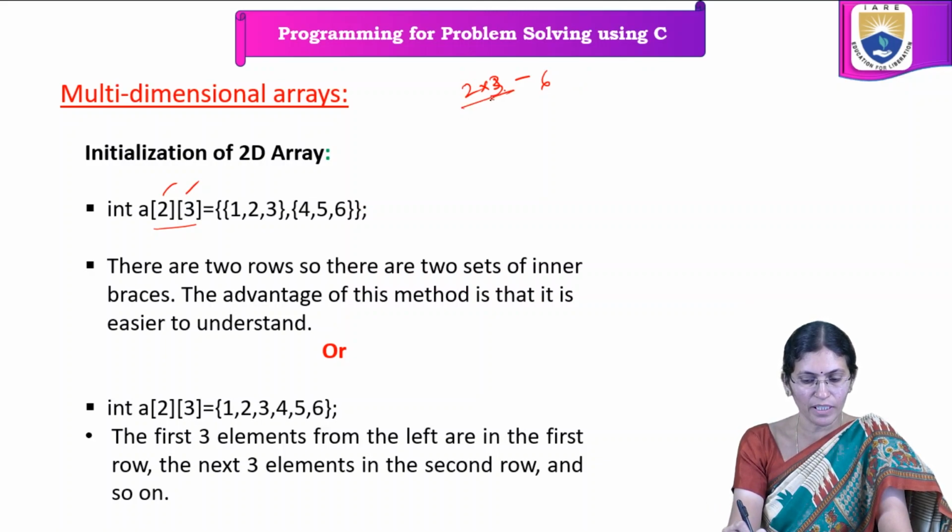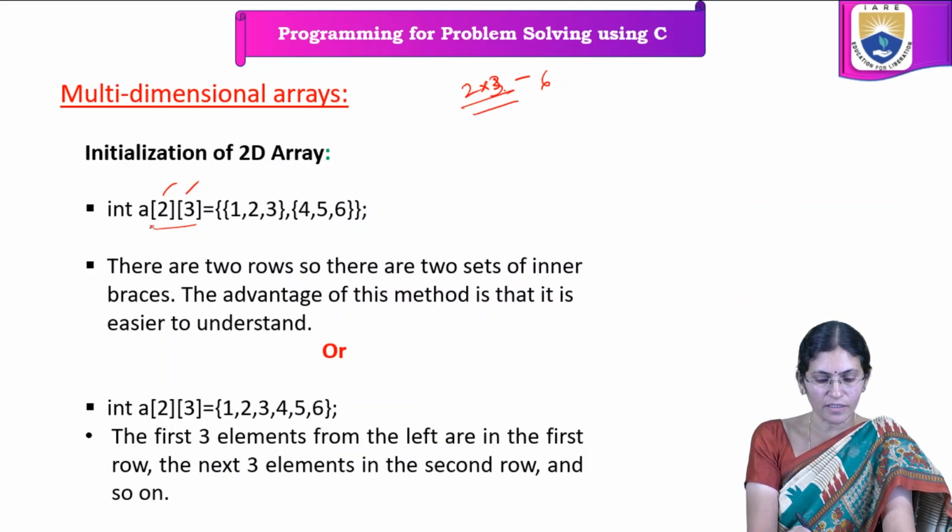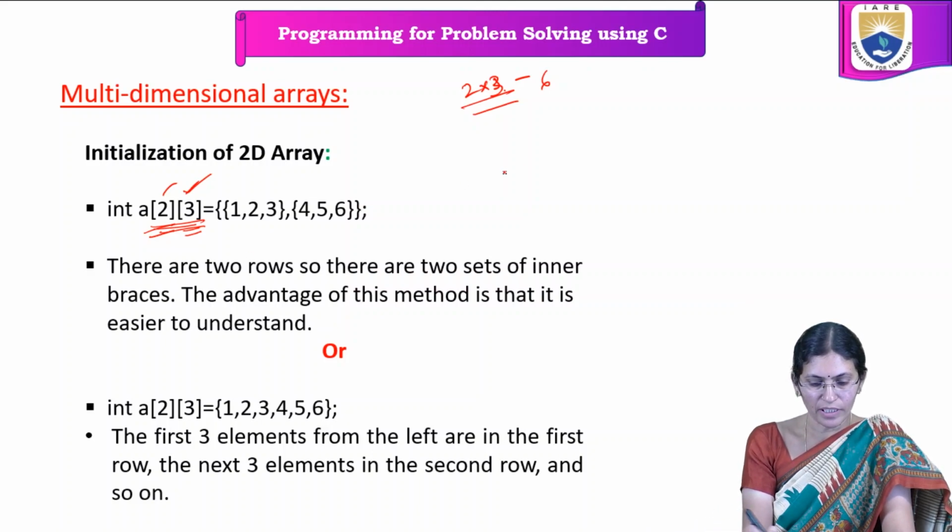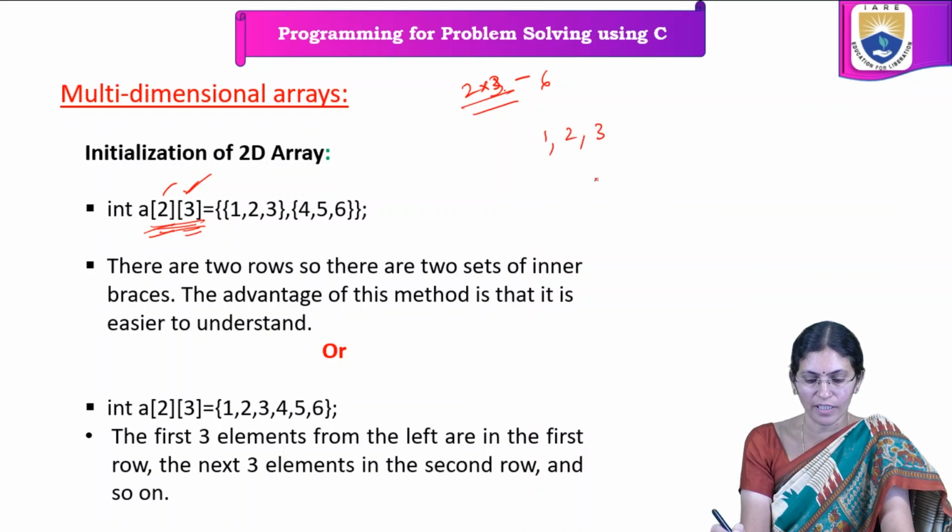We can consider a 2-dimensional array as having 2 single dimensional arrays, and each single dimensional array has 3 elements.